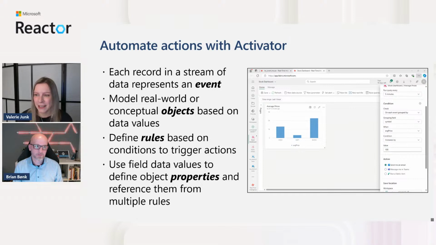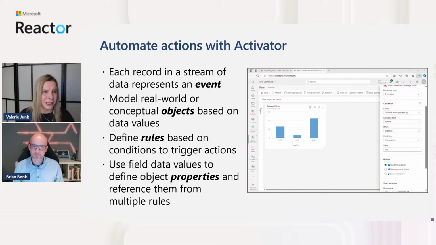Using Activator, we can define rules that send us a message. I think email and Teams are options, and also you can trigger some Fabric items. But I love Teams. Imagine something happens, you just get a Teams message saying, hey, some value has dropped. Have a look at this.